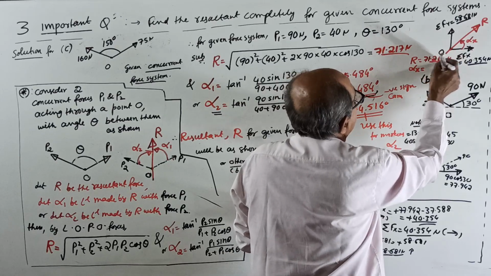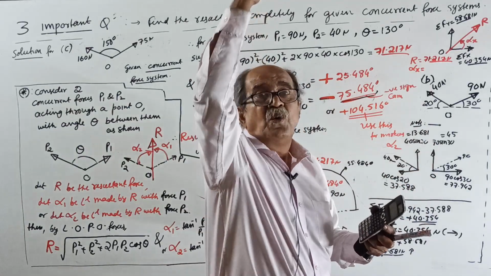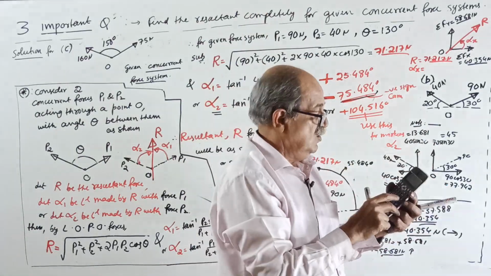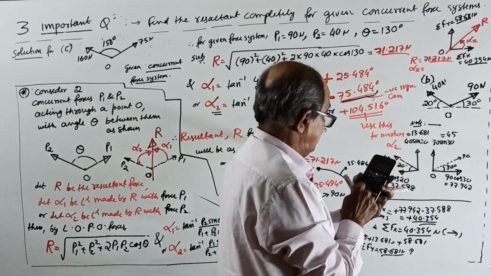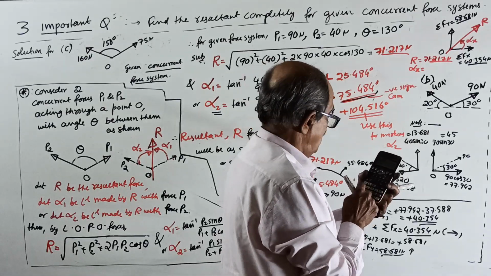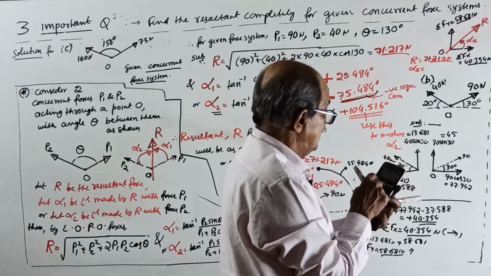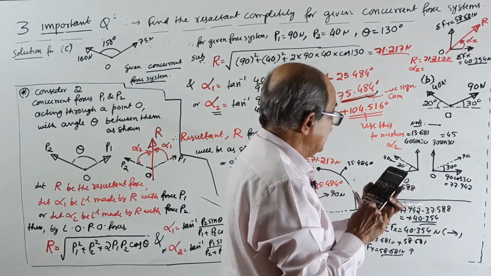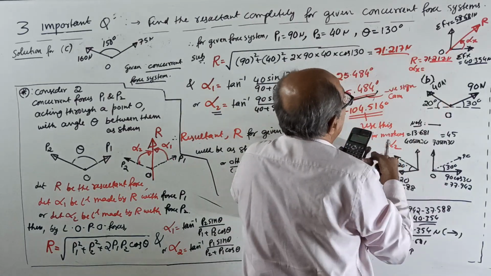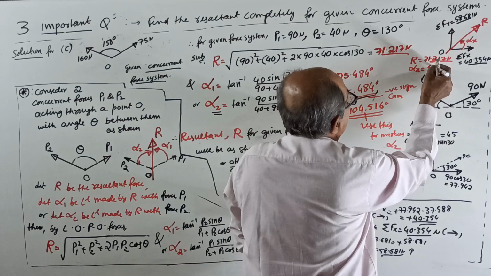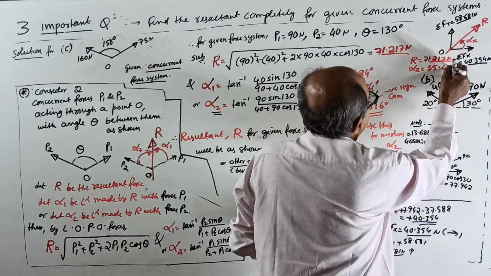And alpha x is tan inverse of vertical by horizontal, Fy by Fx, 58.681 divided by 40.354. This I told you last time. The angle alpha x will come 55.484 degrees.